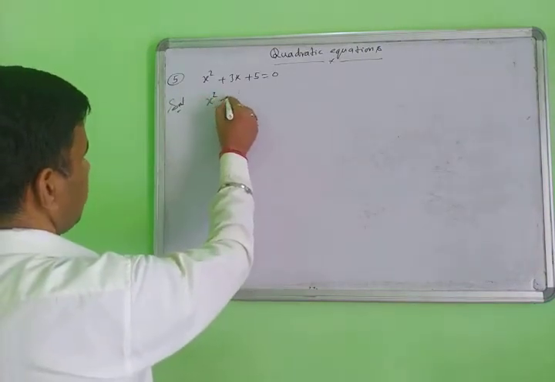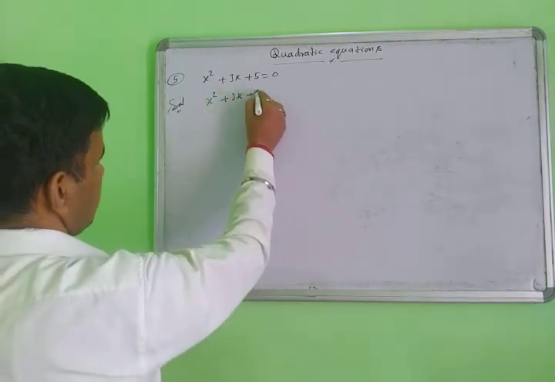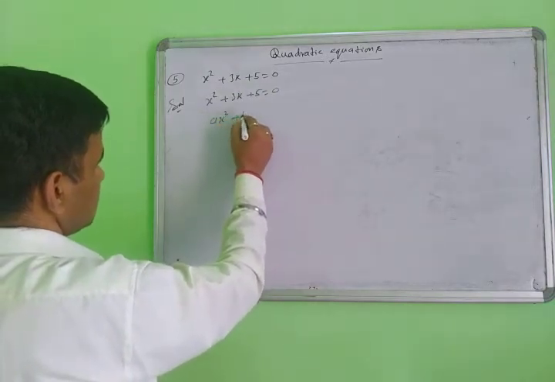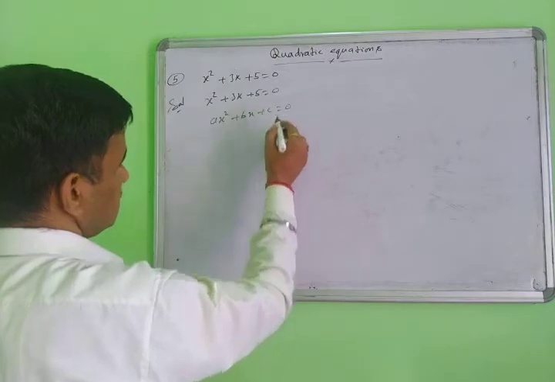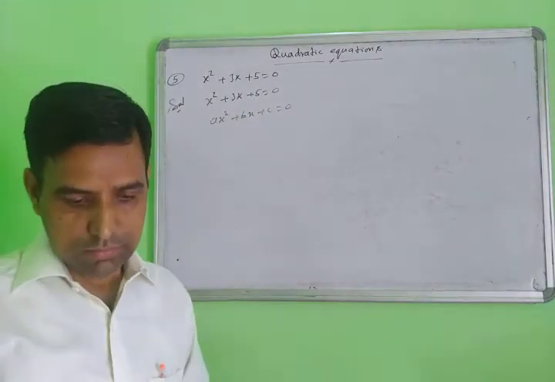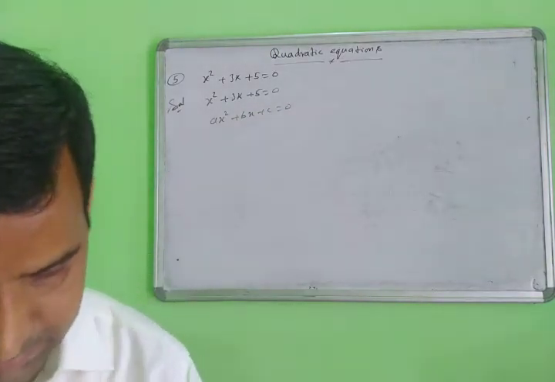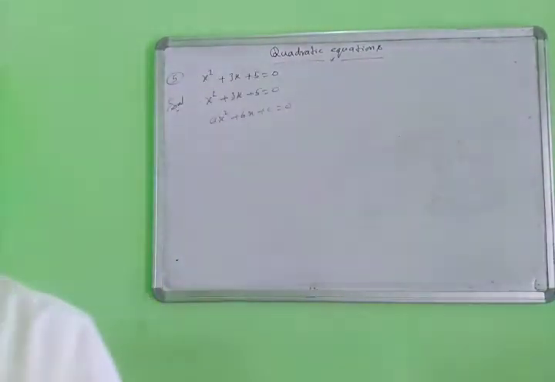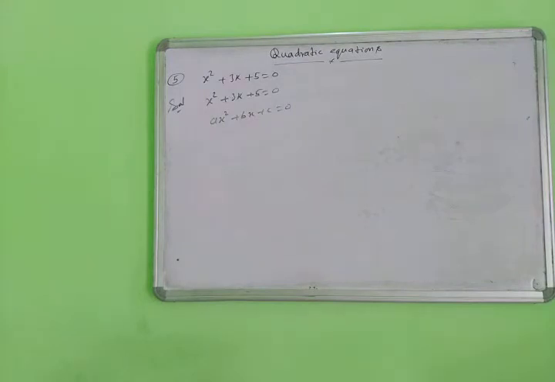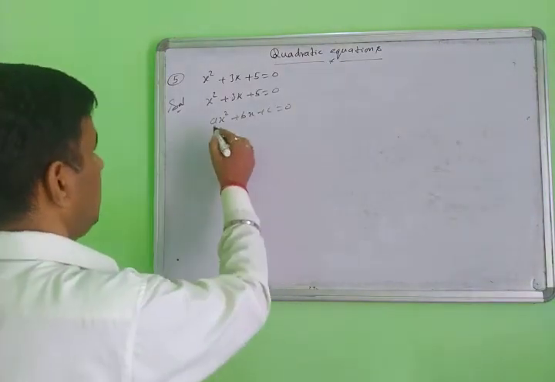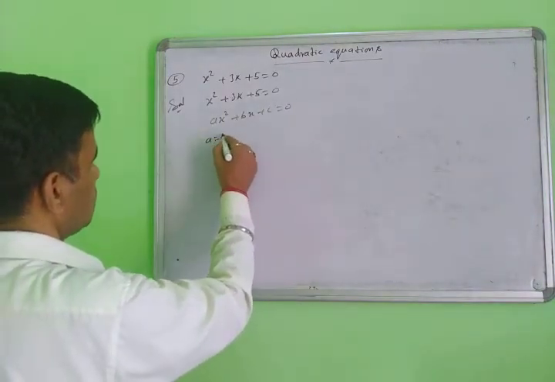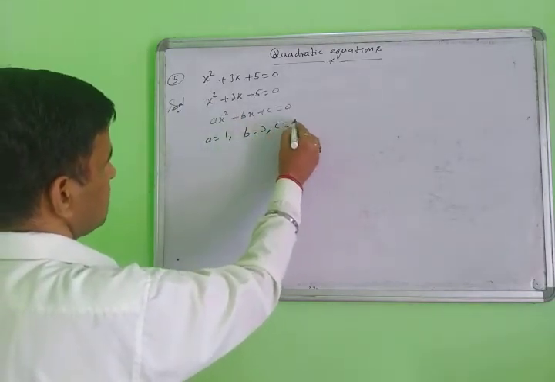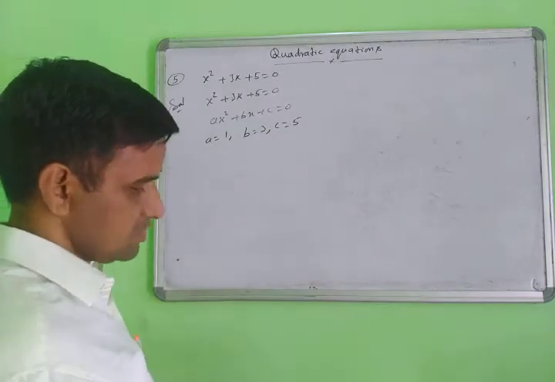x square plus 3x plus 5 equal to 0. You are equating with ax square plus bx plus c equal to 0. Equating, a equal to 1, b equal to 3 and c equal to 5.